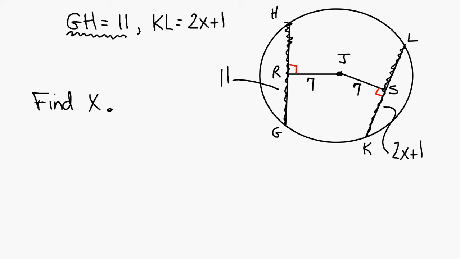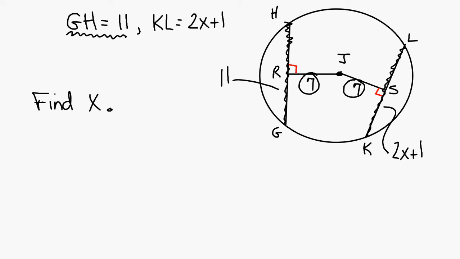Well, since both of these chords are 7 units from the center, chord HG is 7 units from the center. LK is 7 units from the center. If the chords are the same distance from the center, then they're congruent. All right?